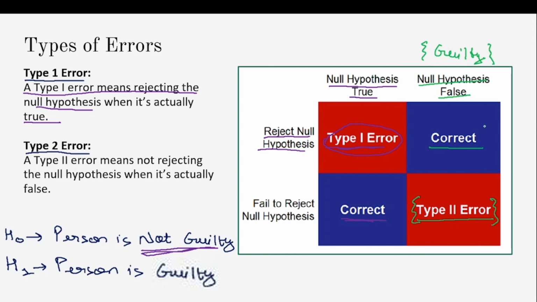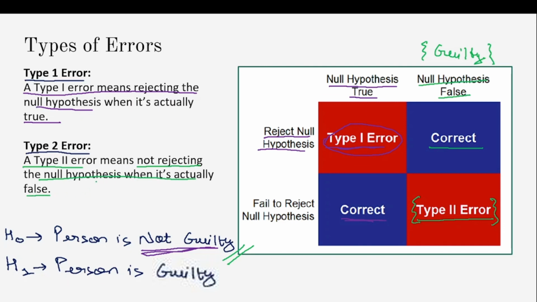What happened was the person was actually guilty, but the court announced the person as not guilty. This type of error is known as type 2 error. So a type 2 error means not rejecting the null hypothesis when it is actually false.